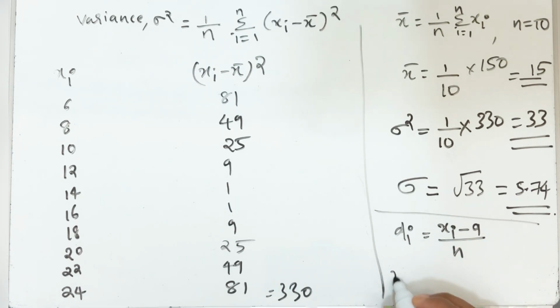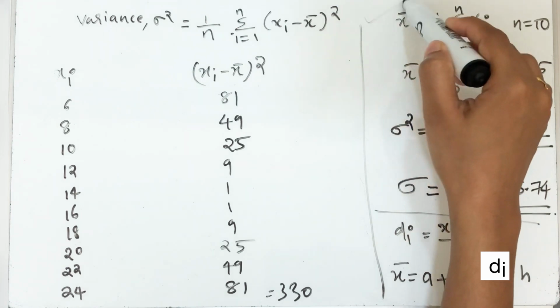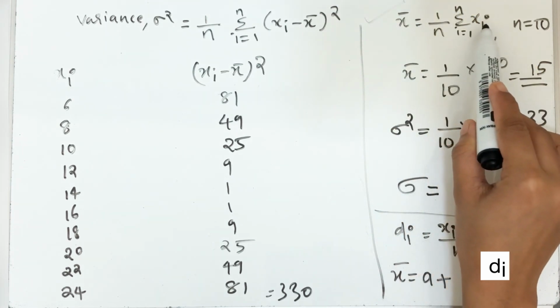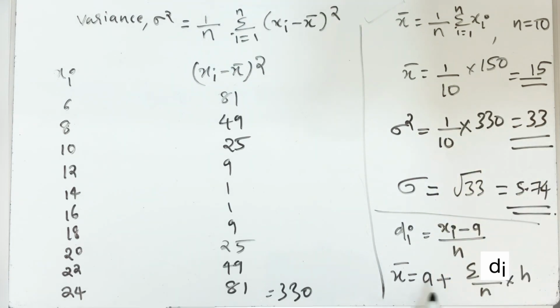Then the mean x bar is equal to a plus sigma di by n into h. How do we get this? From this we get xi equal to a plus h into di. Substitute that in the original formula of x bar, that is, instead of xi substitute a plus h into di. Then you will get this formula.